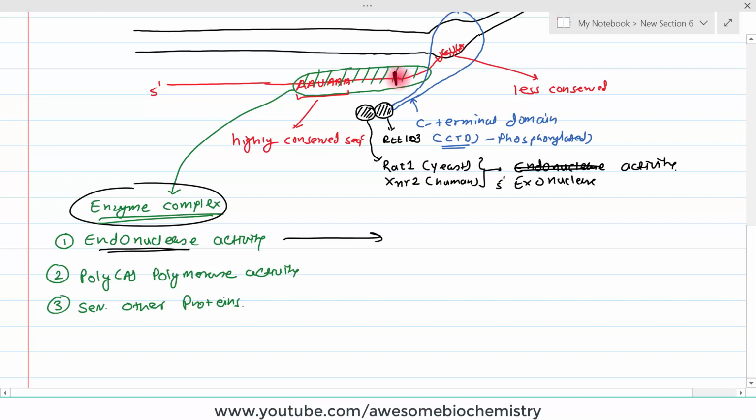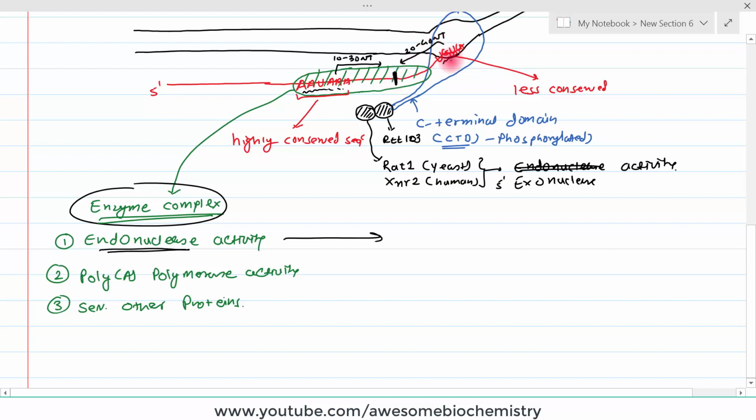This location is very specific. Specific in what manner? From this conserved sequence, approximately 10 to 30 nucleotides downstream, or you can say on the 3' side, and from this less conserved sequence, approximately 20 to 40 nucleotides upstream, that is on the 5' side.